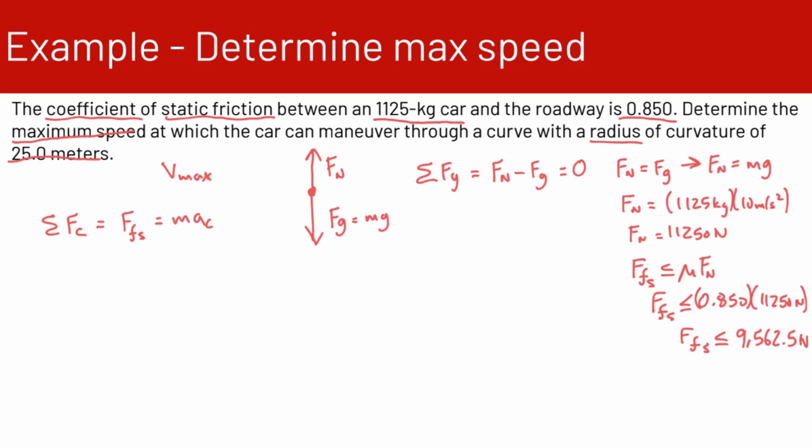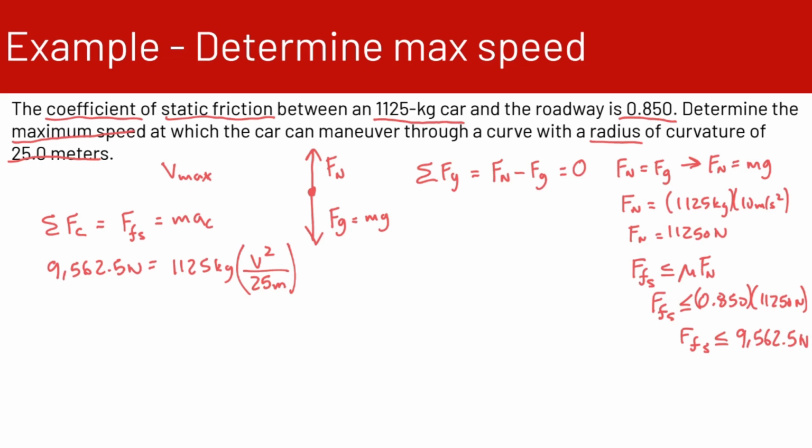So our frictional force is 9,562.5 newtons, and that's equal to the mass of the car, 1,125 kilograms, times our centripetal acceleration, which is v squared over r, where r is 25 meters. We're solving for v squared, so we multiply both sides by 25 meters and then divide by the 1,125 kilograms, and that's going to give us v squared.